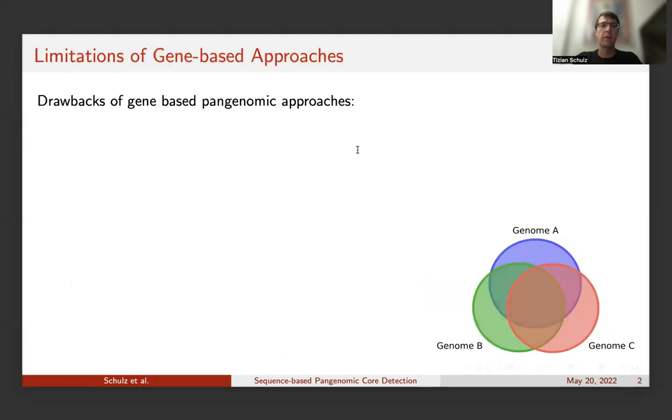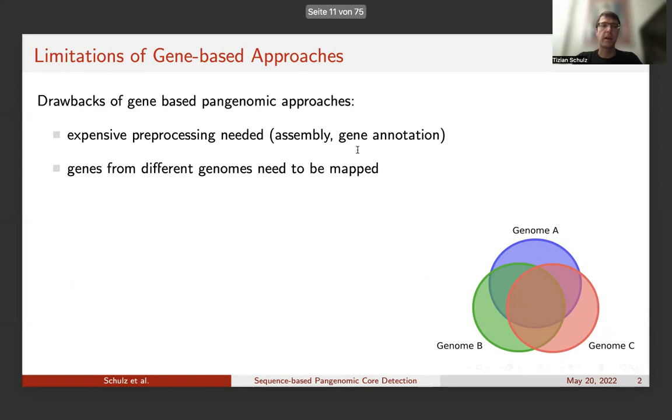However, it also comes with some drawbacks. First, it requires an expensive pre-processing. If we have sequenced our genomes, we need to assemble them first, and then we need to find genes within these assemblies. And what is even more difficult is then to map the genomes so that we can find which genes are actually shared between the genomes.